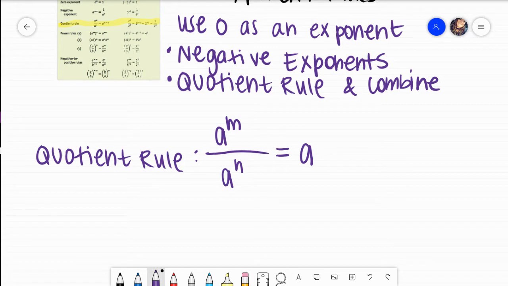So the bases are the same because the rule tells us to keep our base, and what we do is we subtract our exponents. The product rule, remember, was keep and add. This is keep and subtract. Okay, so that's going to be what we do if we have bases dividing each other and they're the same base.